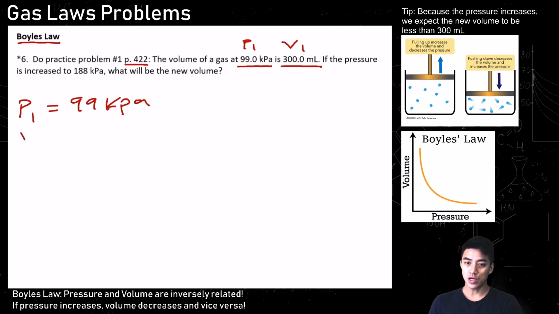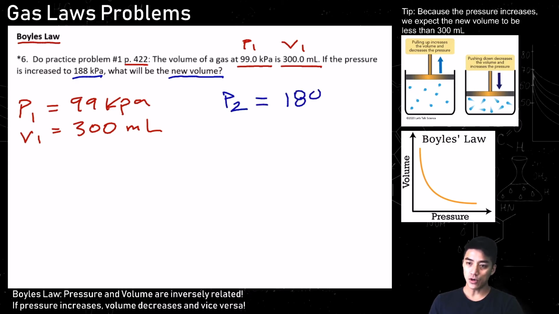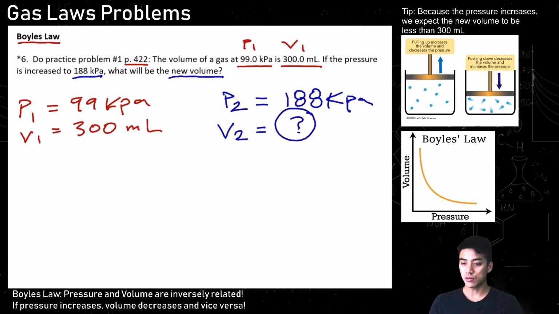That's my initial pressure. My V1, my initial volume, will be 300 milliliters. If the pressure is increased to 188 kilopascals, what will be the new volume? So they tell us what P2 is, and V2, I'm going to write a question mark for that because that's what we're going to solve for.